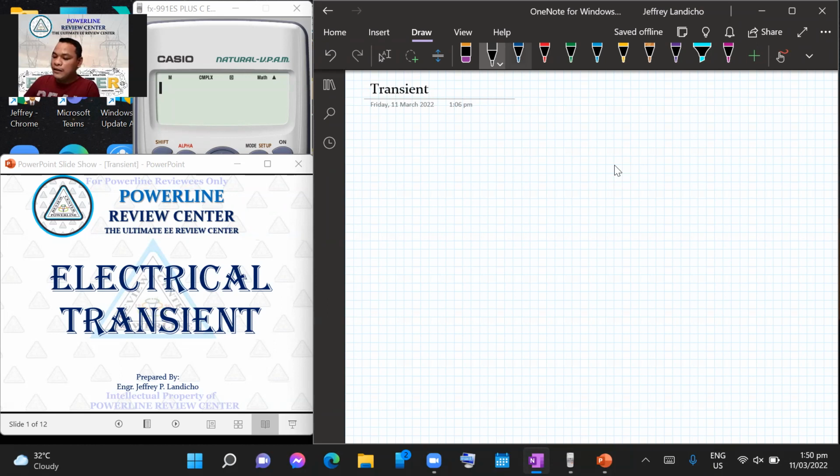Pag sinabi nating single energy transient, ibig sabihin, isa lang sa available circuit parameters ang may kakayahang mag-store ng energy.